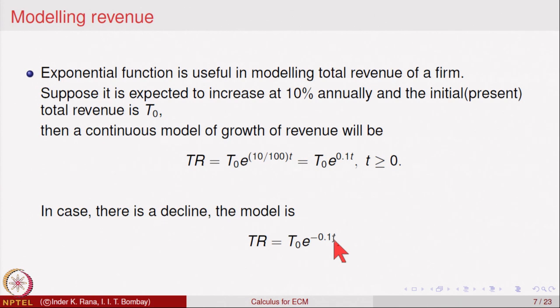So, if instead of growth there is a decrease in the revenue, then the model will be total revenue is T 0 e raised to power minus 0.1 t, and if it is growth, it is e raised to power plus 0.1 times t. So, that is the difference. The negative sign makes it either increase or decrease. So, in this earlier model, the revenue will keep on increasing, and in this model the revenue will keep on decreasing.